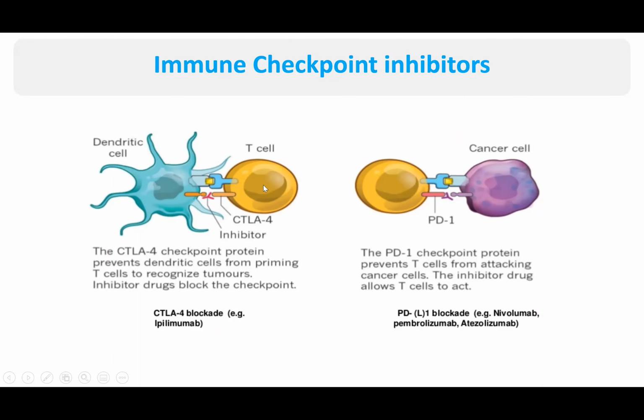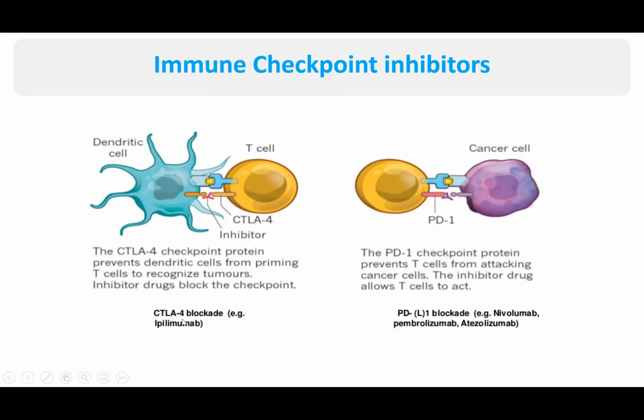So here, CD28 should interact with CD80 and CD86, but the T cell can upregulate CTLA4, and this is due to the effect of cancer cells, of course. When T cells upregulate cytotoxic T lymphocyte antigen 4, this antigen will compete with CD28 and will inhibit it from binding with the CD80 and CD86 B7 co-stimulatory molecules. In this case, the T cell will be inactive.